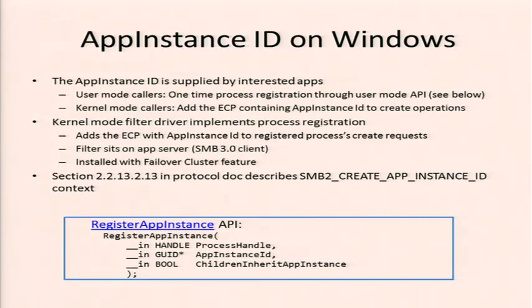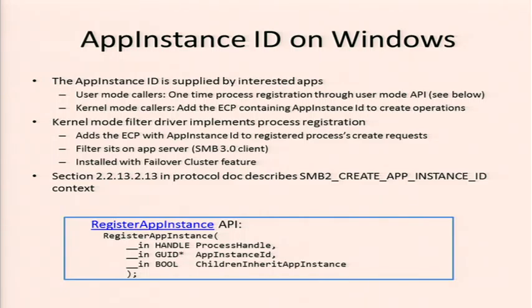On Windows, there is a kernel mode filter driver that implements the process registration. Once the application has registered, when the application is calling to open, the filter will attach the application instance ID that was sent by the application as the ECP when that goes over the wire to the remote computer.